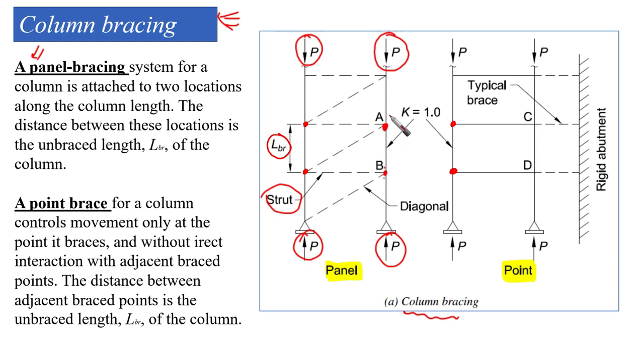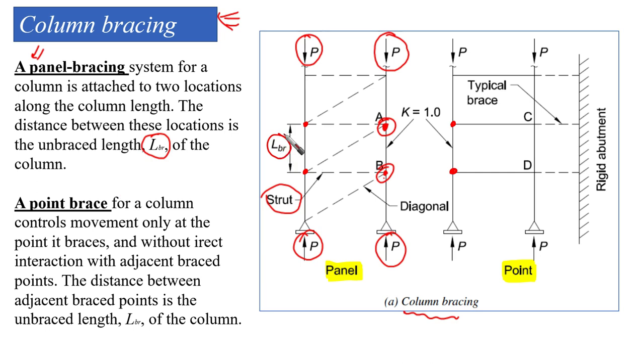Based on that, for a panel bracing system, the column is attached at two locations along its length, location A and location B. The distance between these locations is the unbraced length L_b of the column.